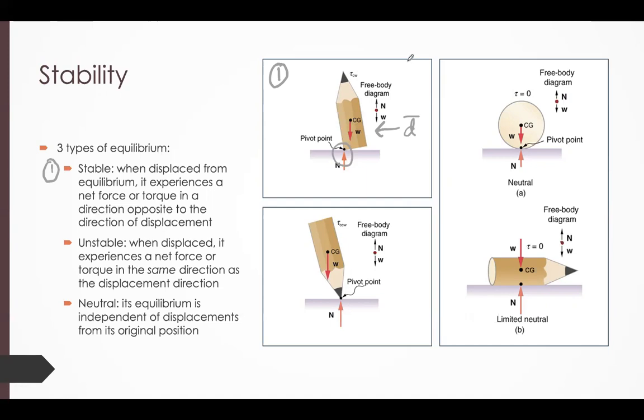And it is now sitting at some pivot point here. After you let it go, it'll move back this direction, so it's going to be moving in the opposite direction of your displacement.